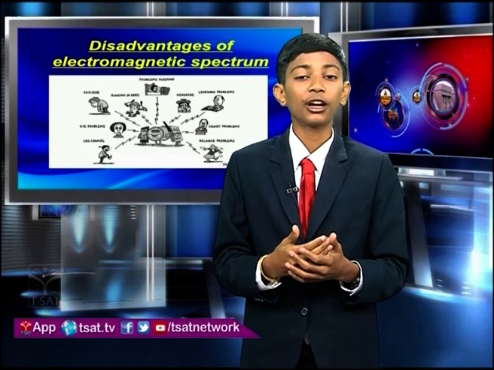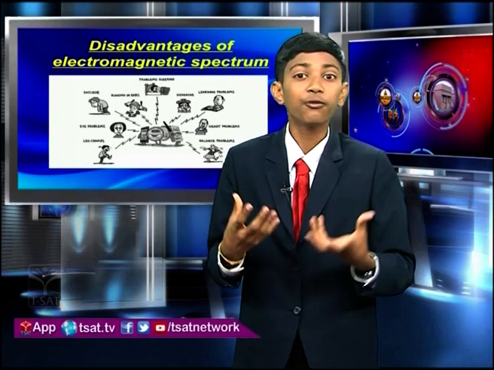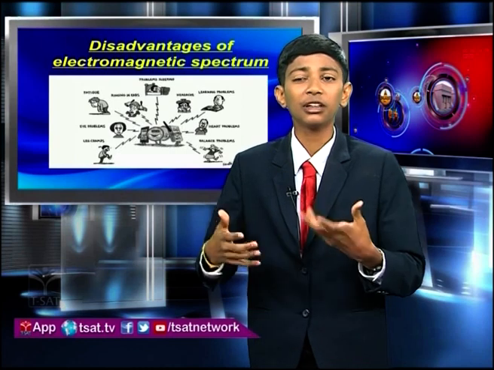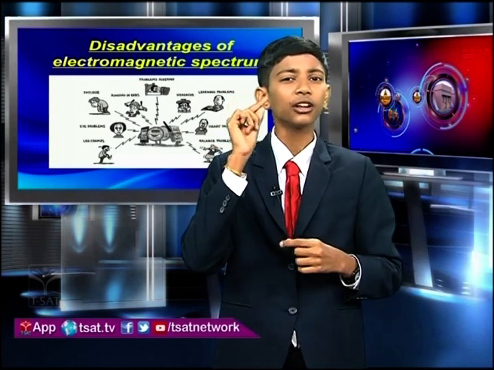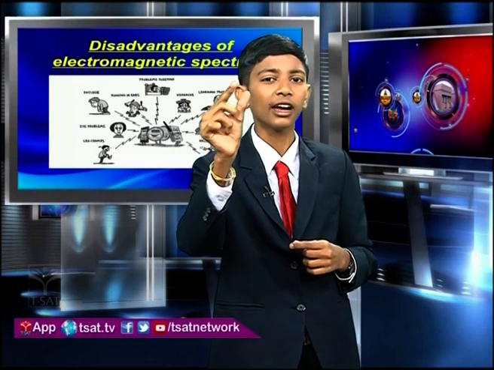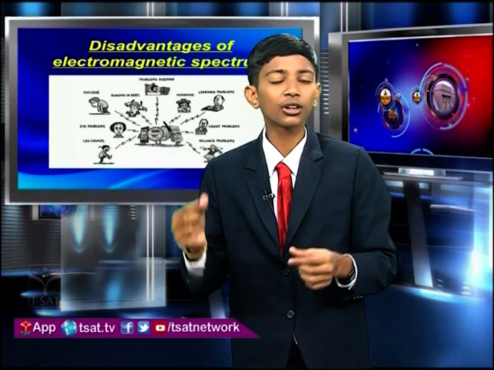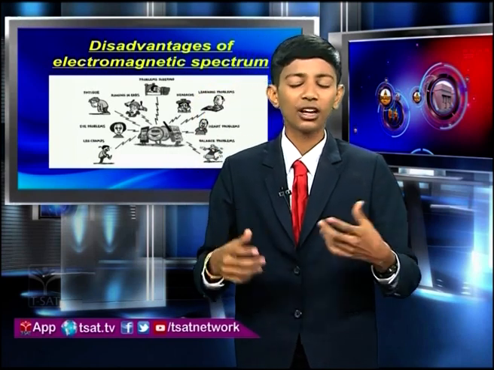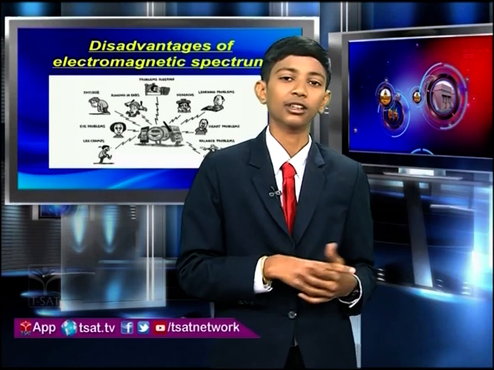And some radio waves and microwaves can cause harmful disorders like brain cancer and many diseases. And if we continuously look at visible light, after some time it may lead to loss of eyesight. So there are many disadvantages also, though there are advantages.